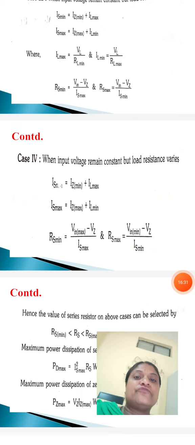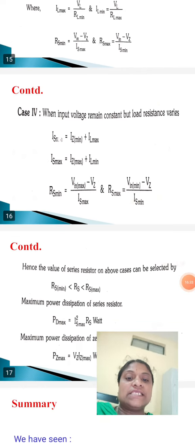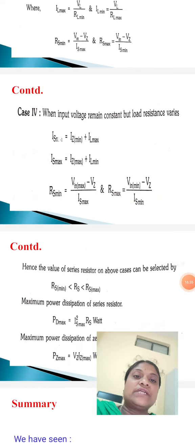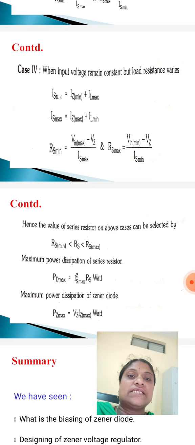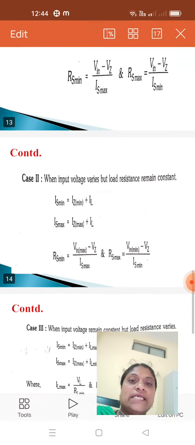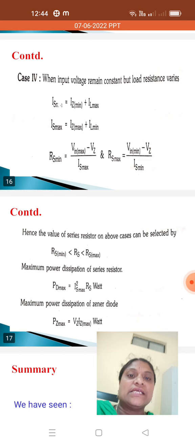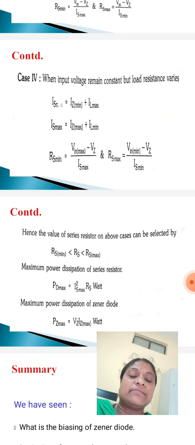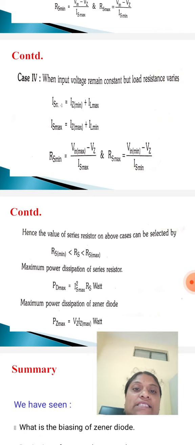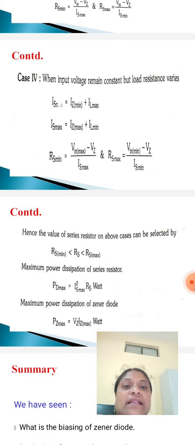Similarly, the fourth case is when both the input voltage and the load resistance vary. So here both vary. Similarly, Is minimum is equal to Iz minimum plus IL maximum. Is maximum is equal to Iz maximum plus IL minimum.